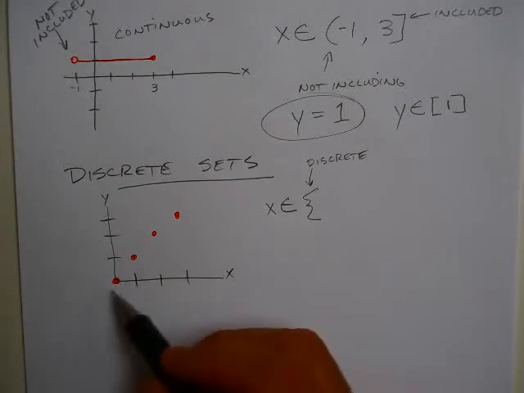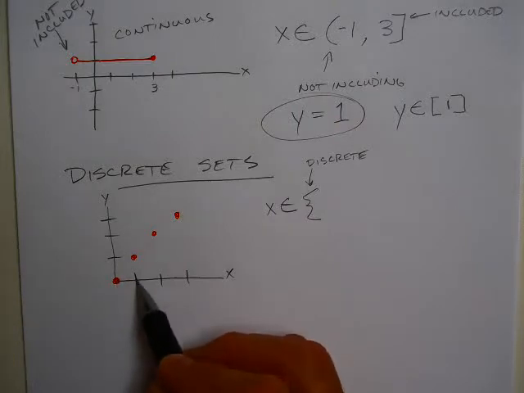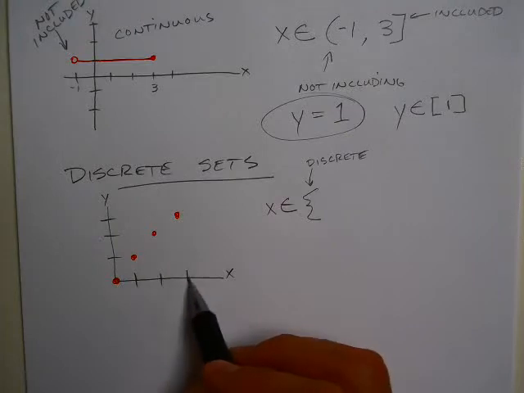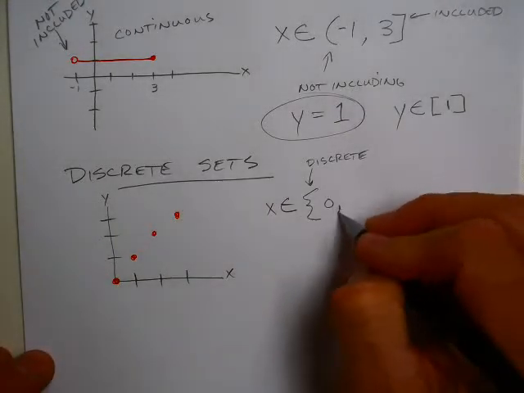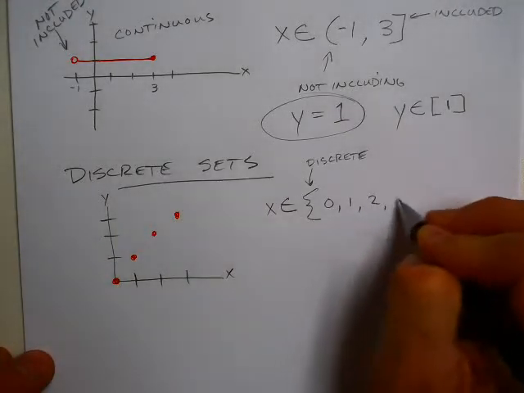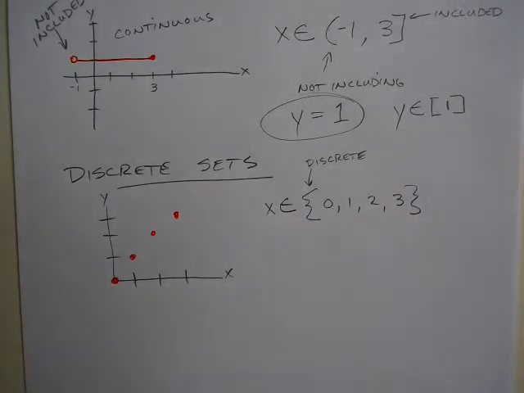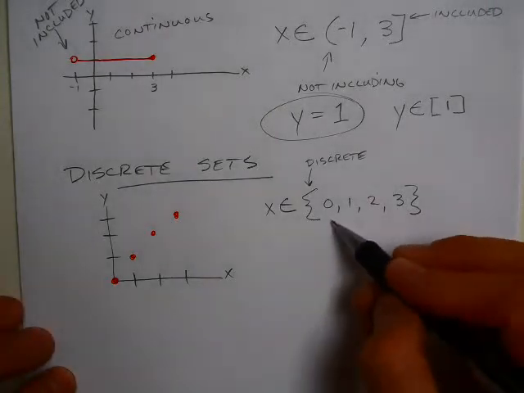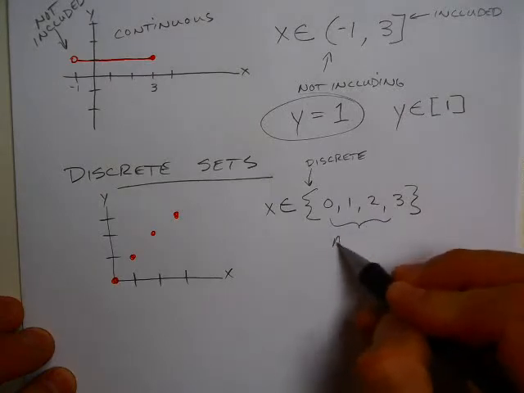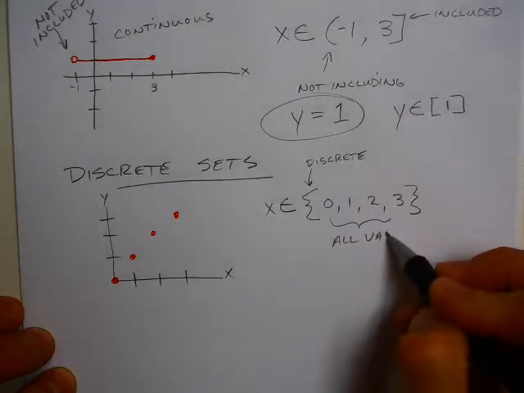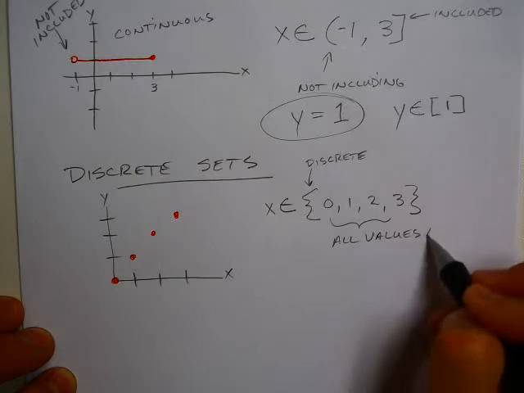So x is 0, x is 1, but not the numbers in between them. x is 2, x is 3, so we would list all of those. And we close the set with our braces. All values are noted.